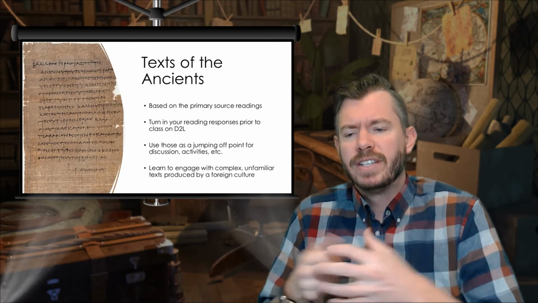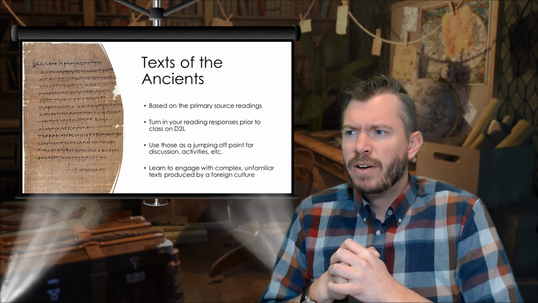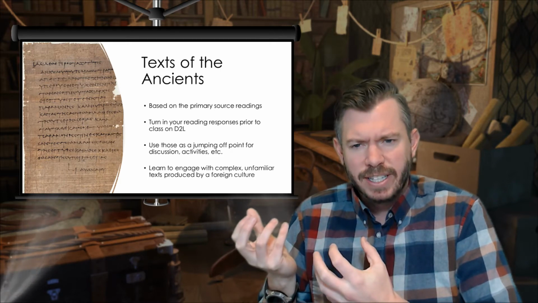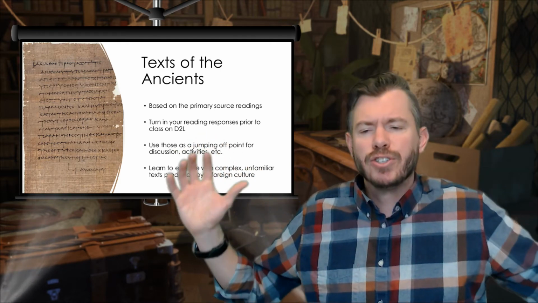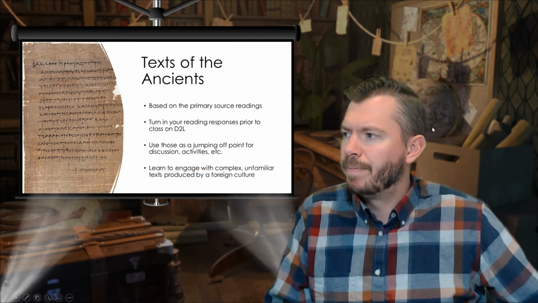These will also give us a sense of history from the perspective of the ancients themselves. Rather than the big picture story that I'm telling, you're going to get their own particular point of view.